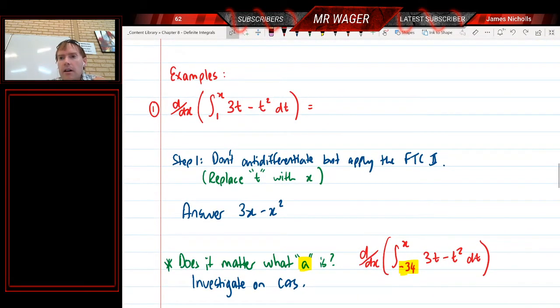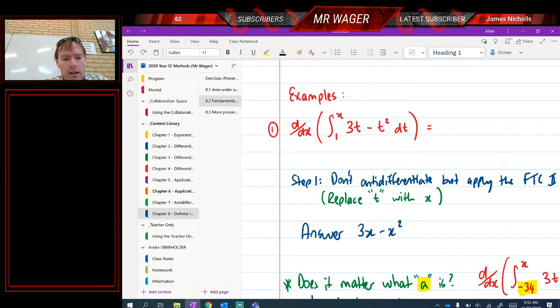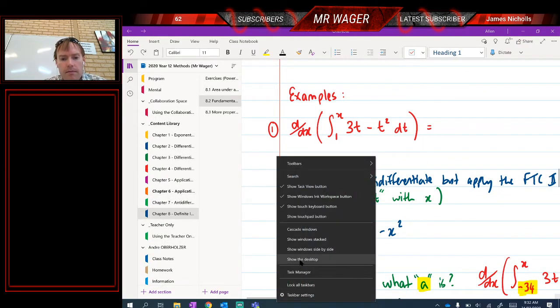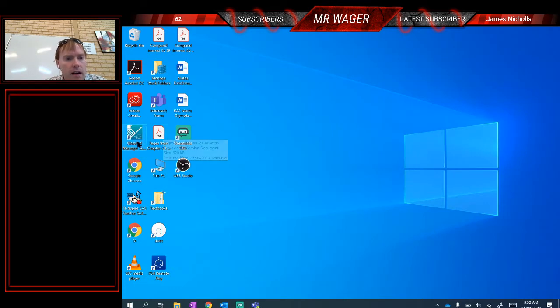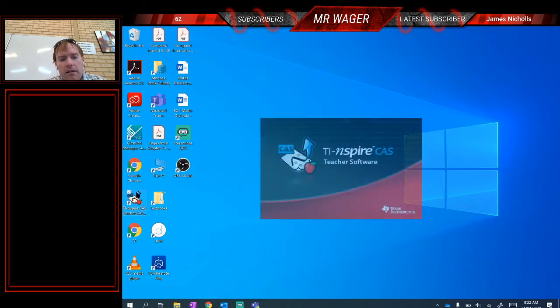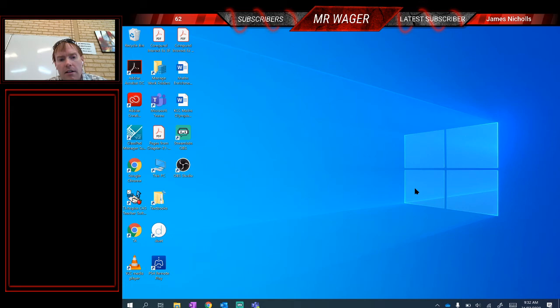So if I jump out of here and just go to my desktop. Let's do it on the TI, even though it's the same idea. While that's loading.